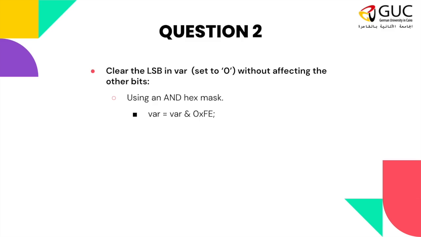However, there is a different solution. As you will see, I can use a not AND mask or an AND not hex mask, which will be var equal var ANDed with what? The negation or not of the 0x01. What did we do here?